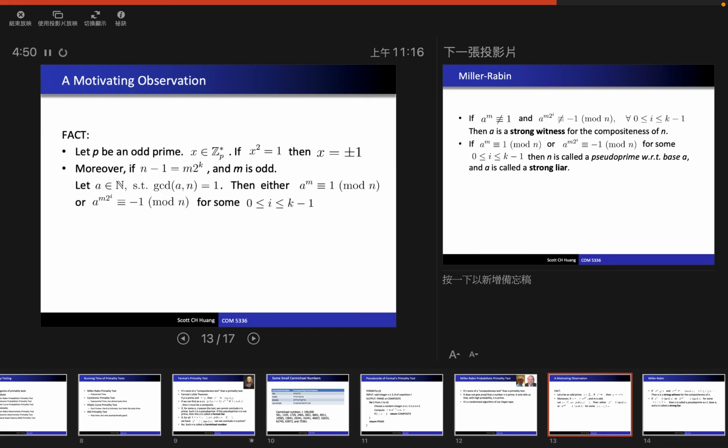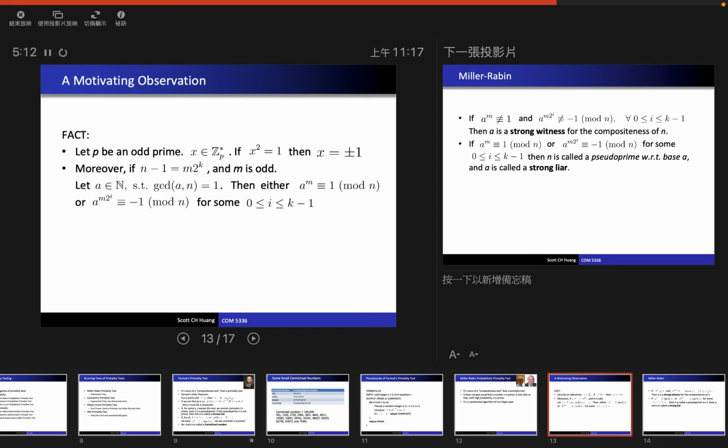This number must be a square root of this. We can keep going, it becomes a to the m times 2 to the k minus 2, until we reach this point, m. Here, this is an odd number, so we cannot go any further.